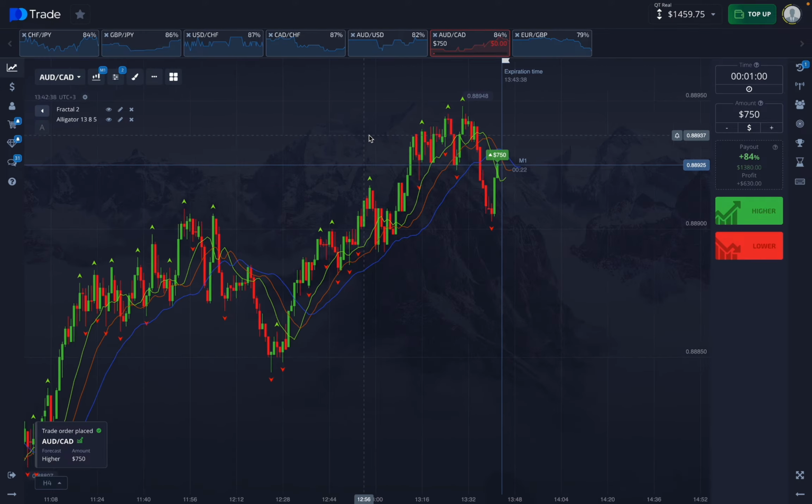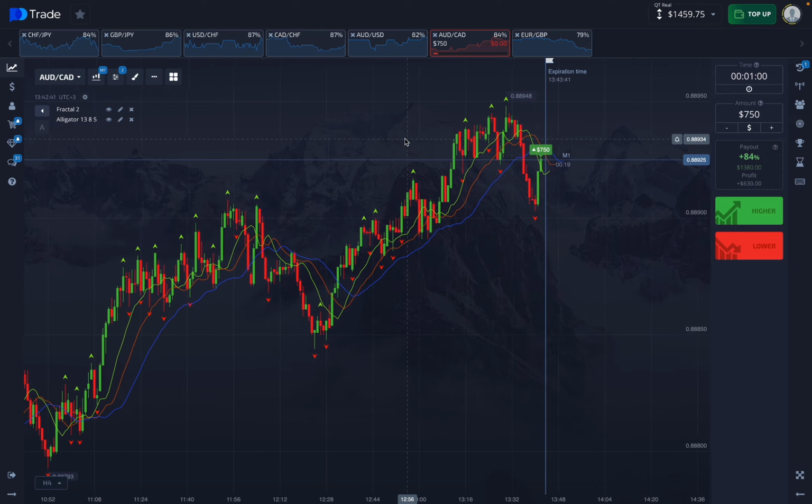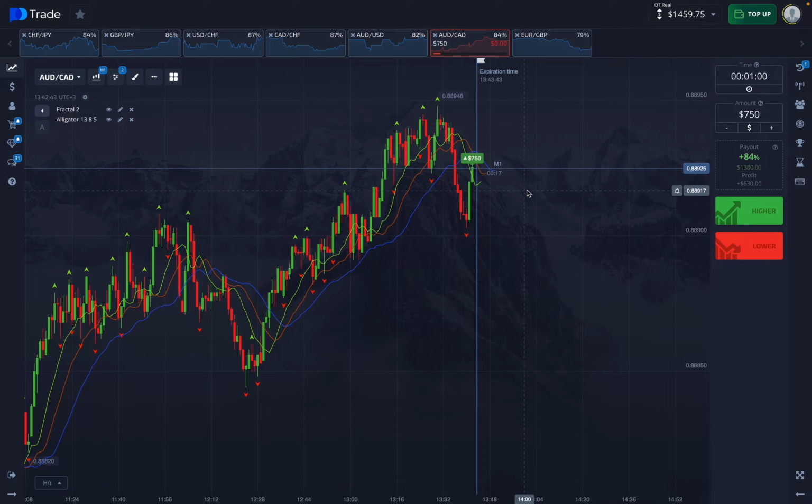Here I will also open in the direction of the trend. The upward dynamics on this currency pair prevails.